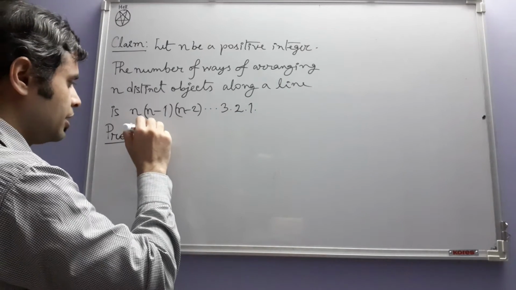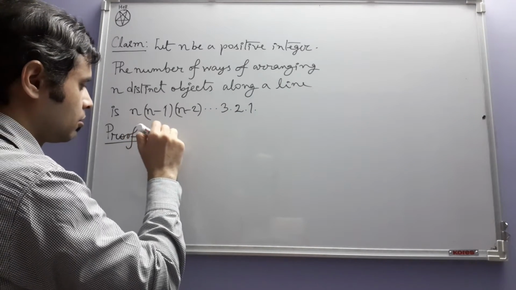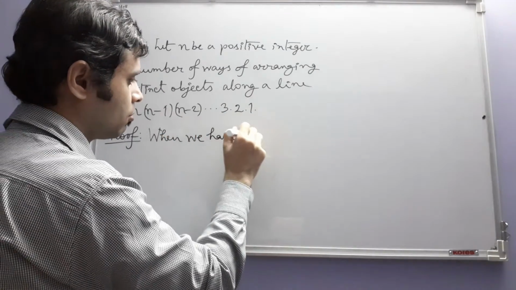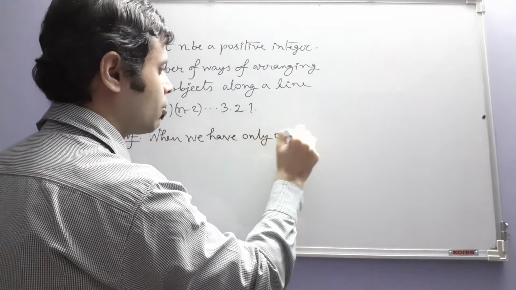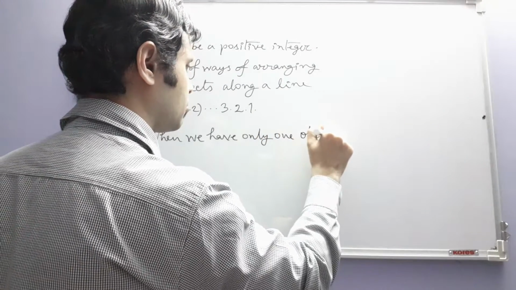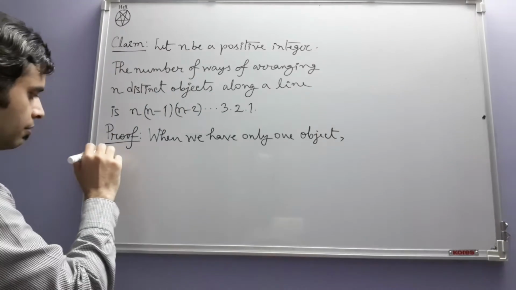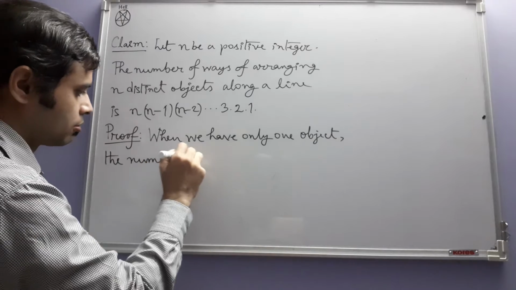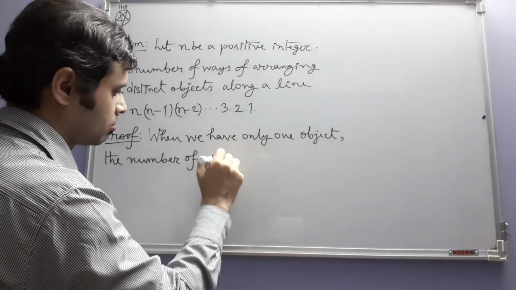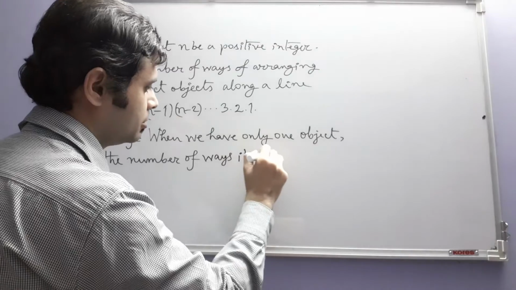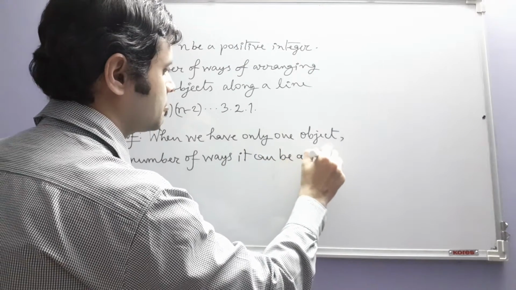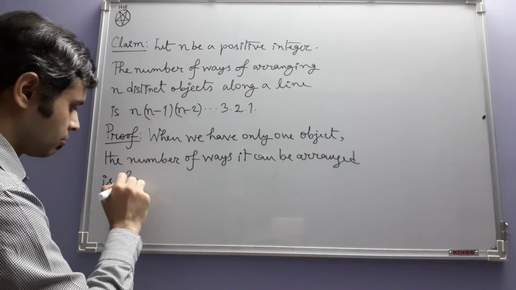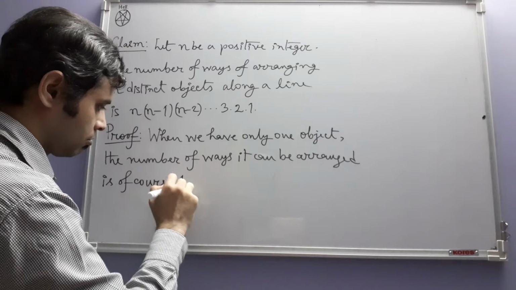So when we have only one object, the number of ways it can be arranged is of course 1.